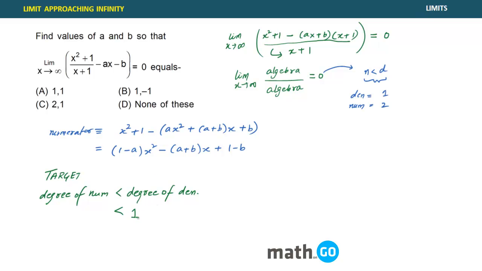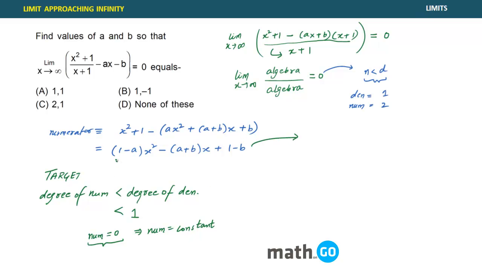So this is 1. So the degree of the numerator should be less than 1. That means numerator degree should be 0. A number less than 1 would be nothing but 0. This implies the numerator should be nothing but a constant number. It should be independent of the variable completely. So apply this trick here.